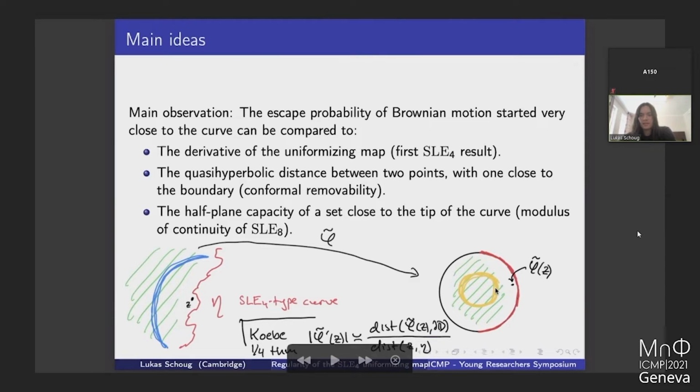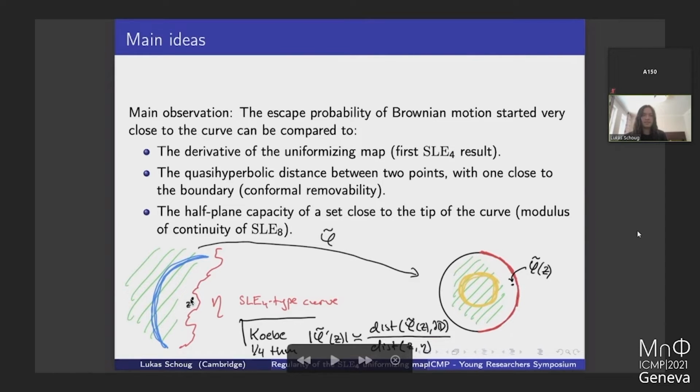And the probability of hitting this circle in the middle immediately translates to the distance from this point to the boundary. This is just some elementary complex analysis estimates.